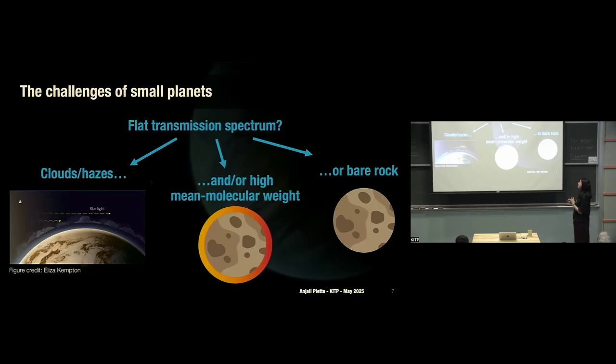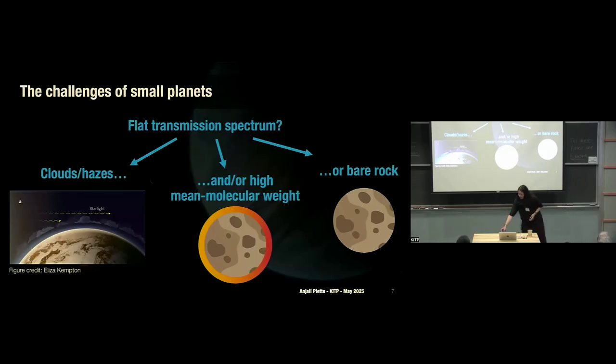So if you see a flat transmission spectrum, it could be that you're seeing clouds and hazes blocking your view of the atmosphere. It could be that you have a high mean molecular weight that is contracting the scale height of your atmosphere. Or if your planet is actually small enough, you might have no atmosphere at all and just a bare rock. So which one is it?